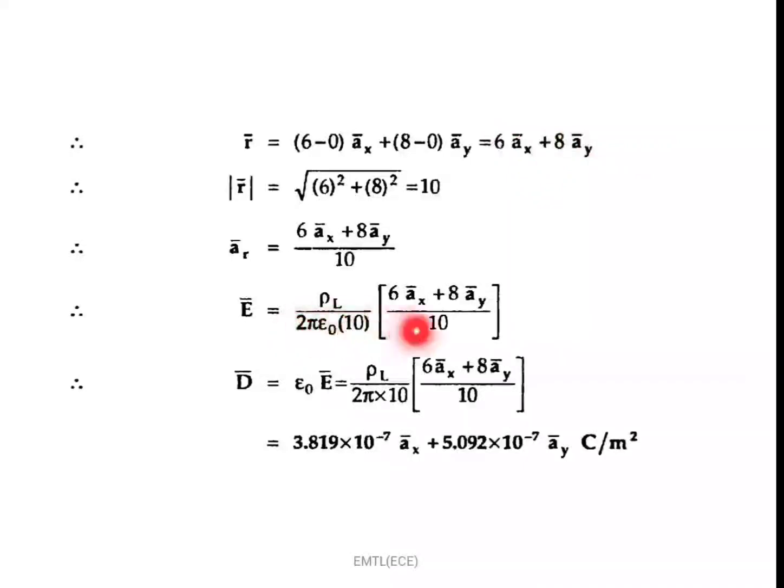So substitute the values of R bar, mod of R bar, and AR bar in the expression of electric field intensity. And we know the relation between D and E: D is equal to epsilon naught E. Now multiply the E value with epsilon naught.